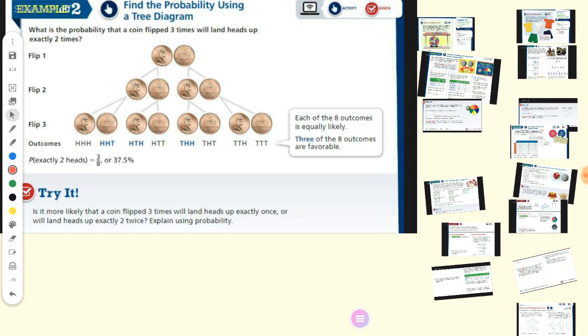Let's search for exactly 1 head here, and here, and here. Okay, so it's 3/8. The probability of exactly 1 head equals 3/8. We want to compare it with heads up exactly twice.